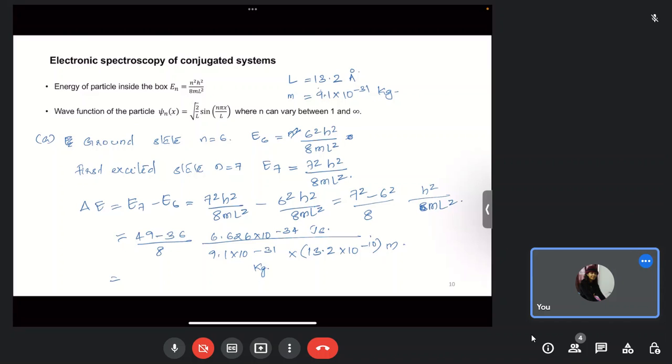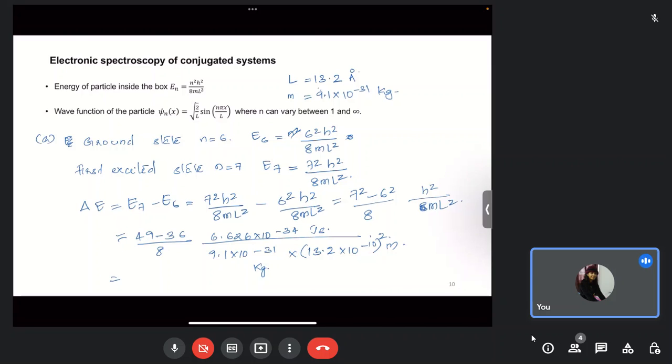Yeah. So 6.626 divided by 9.1 into L square.